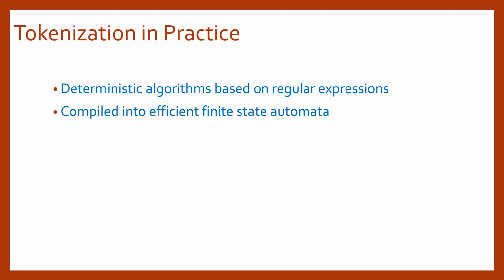In the libraries and tools, these are compiled into efficient finite state automata. So again, as per the first assignment, I would ask you to go into some such model or write your own finite state automata for such tokenization.